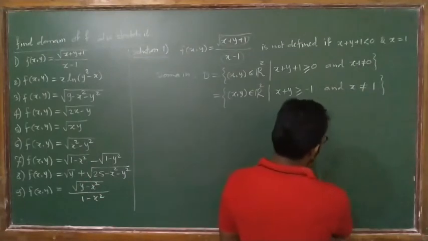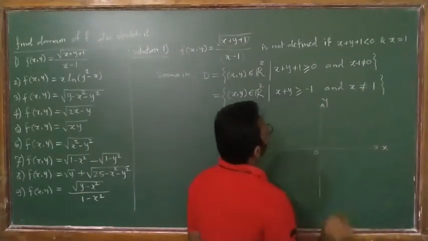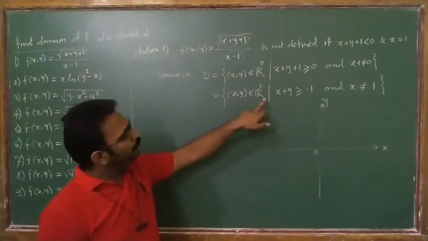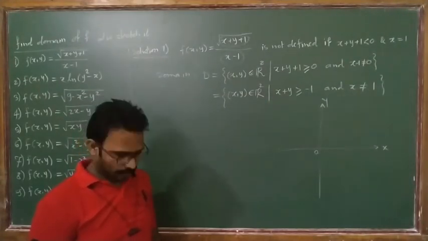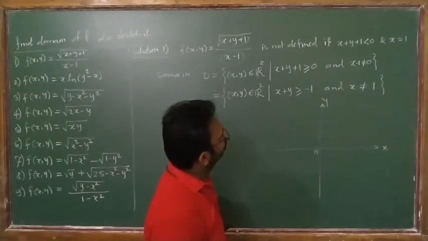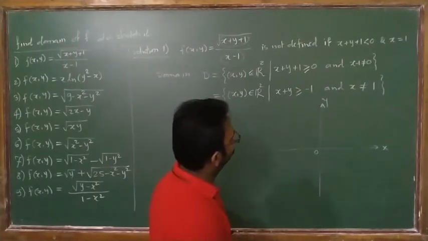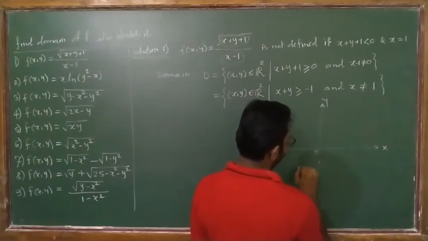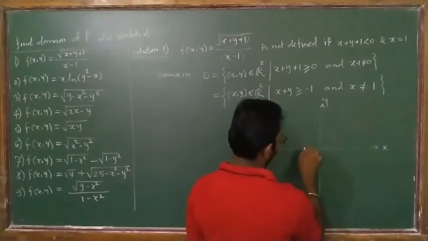It is a subset of R2, the collection of ordered pairs such that x plus y is greater than or equal to minus 1. So try to draw the inequality. x plus y equal to minus 1. If x is 0, y is minus 1, and if y is 0, x is minus 1.